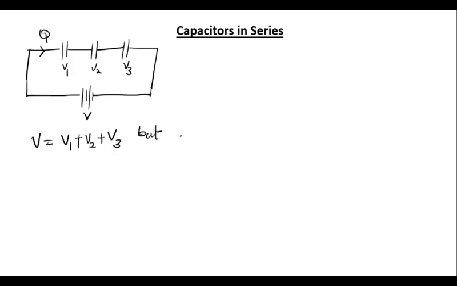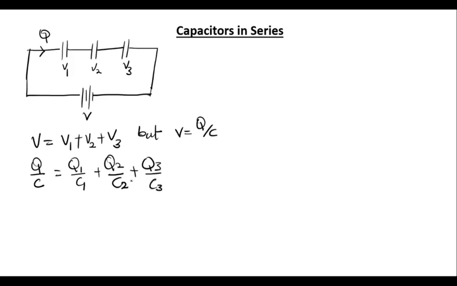But we know that V is equal to Q over C. So if we substitute the voltages with this formula, we get Q over C equal to Q1 over C1 plus Q2 over C2 plus Q3 over C3.